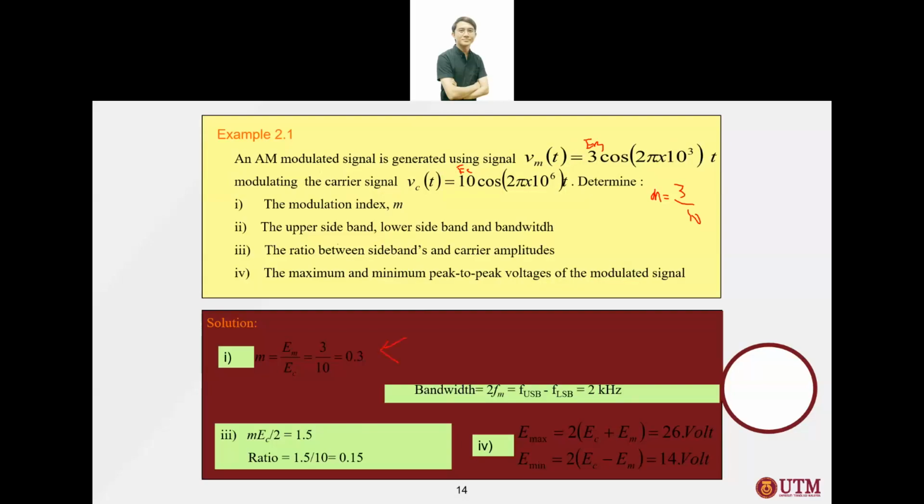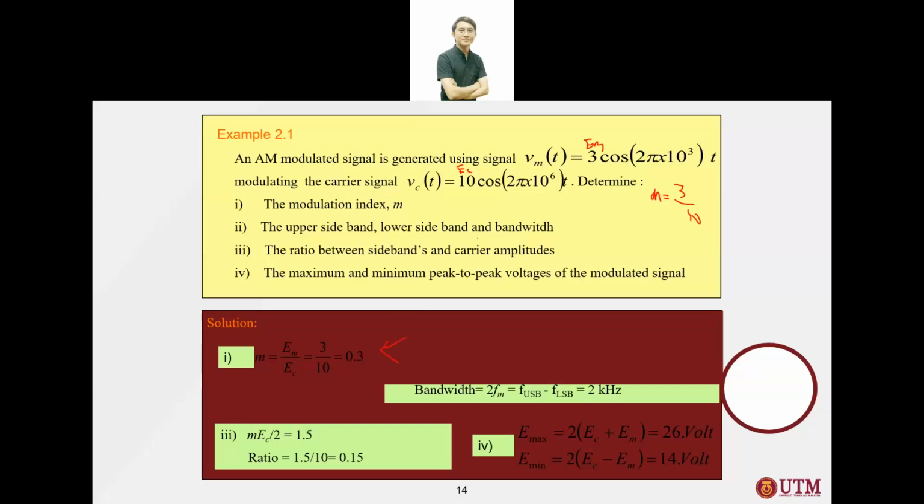Okay, and then the upper side band, lower side band, and bandwidth. You need to determine the upper side band, lower side band, and bandwidth.